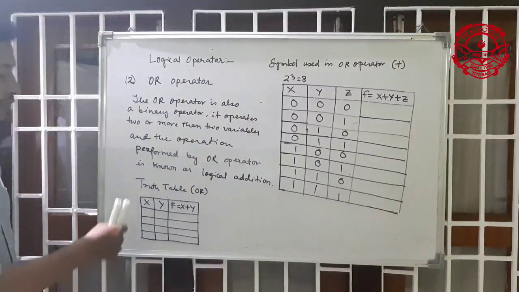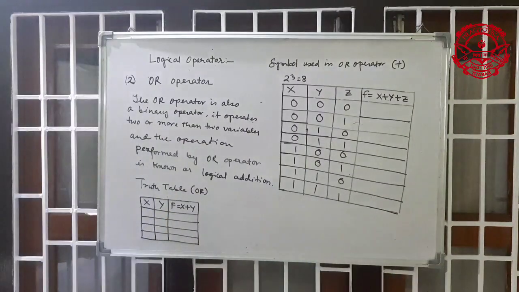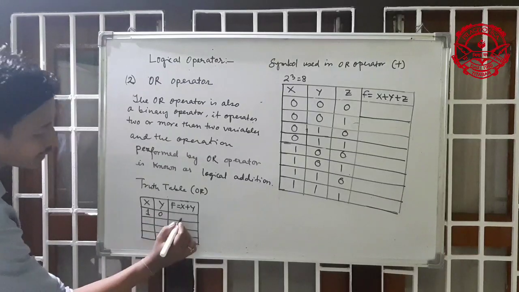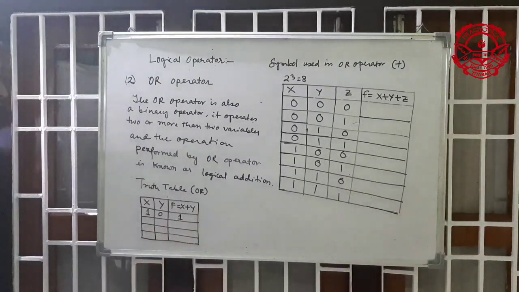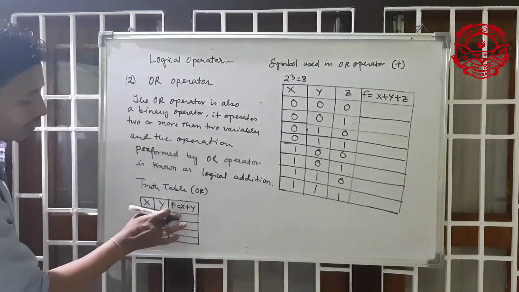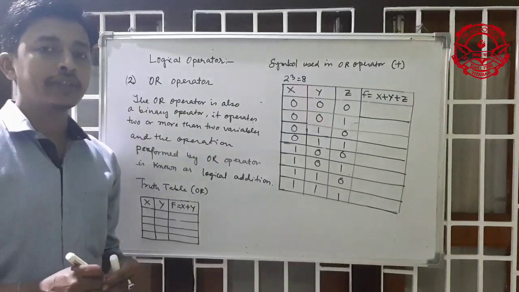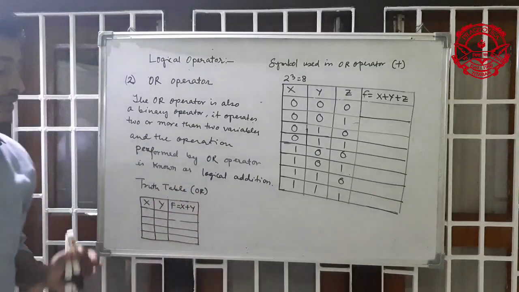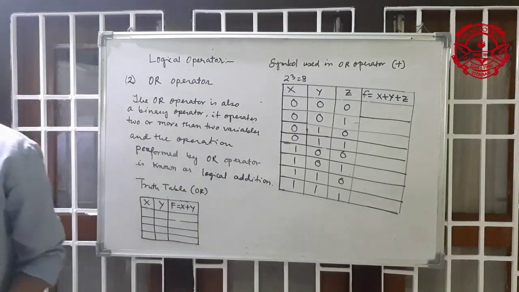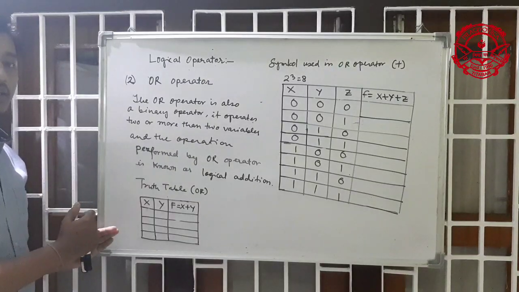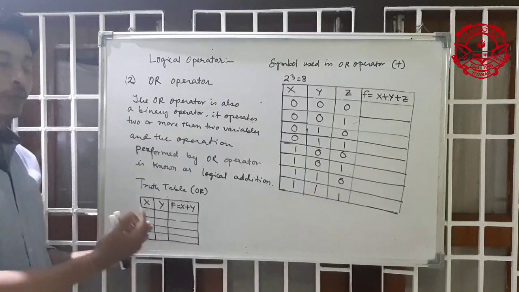Now in the OR truth table, you can see there are 2 variables, x and y. The OR operator returns true if either one expression is true. If either x or y is true, then the output will be 1.